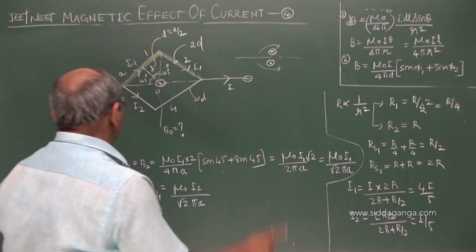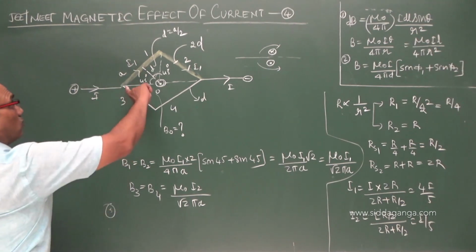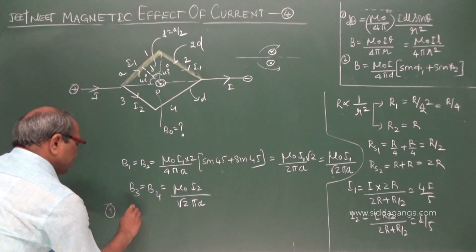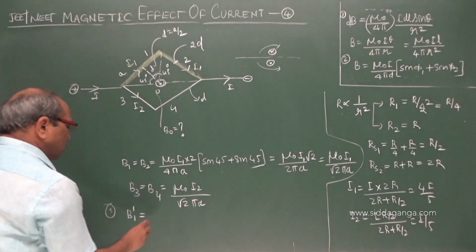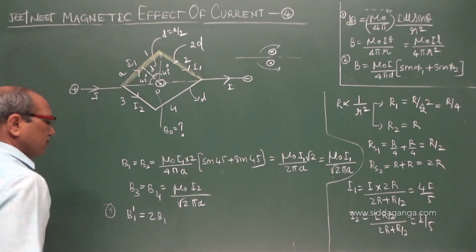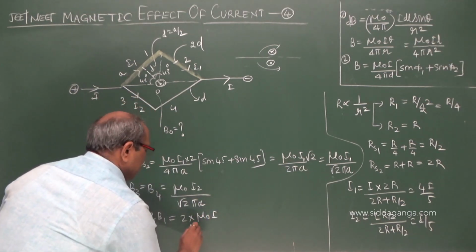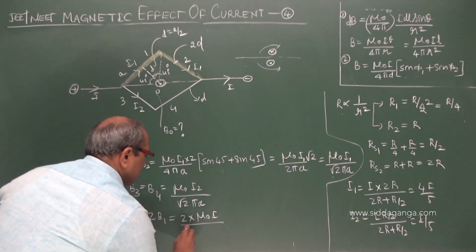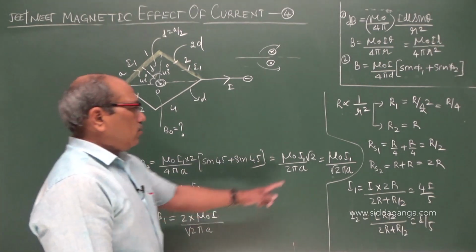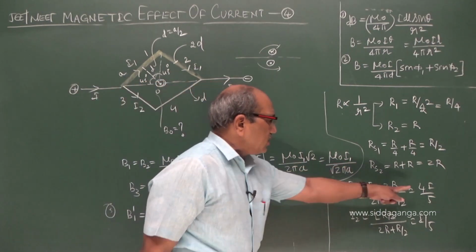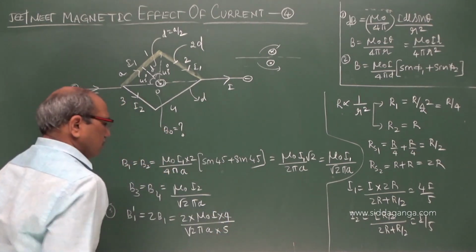We got the currents. How this helps us in the third step is with the 2 parts. Therefore, I can write B1 dash for the upper part completely, which is producing the field inward. It is 2 times B1, that is 2 into mu naught I1 by root 2 pi A. I1 is nothing but 4I by 5.